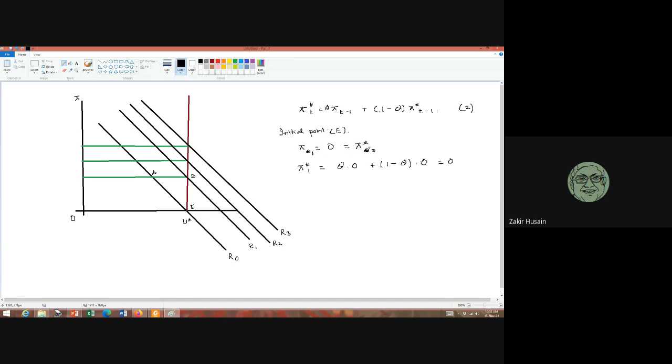So you were expecting that inflation rate would not change. In reality, this is exactly what happened over here, right? So your expectations and the realization both tallied. Pi star 1 is equal to pi, which is 0. Okay, fine, there's no problem. Then the government started on its adventure.